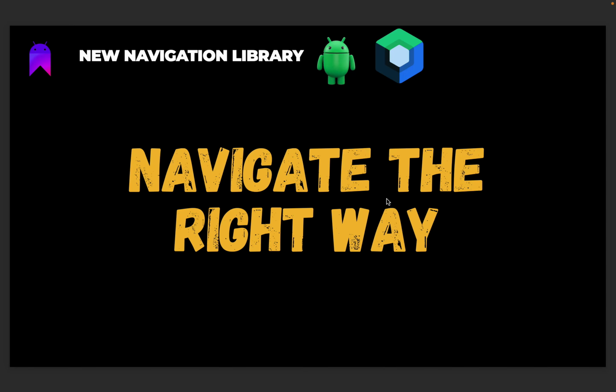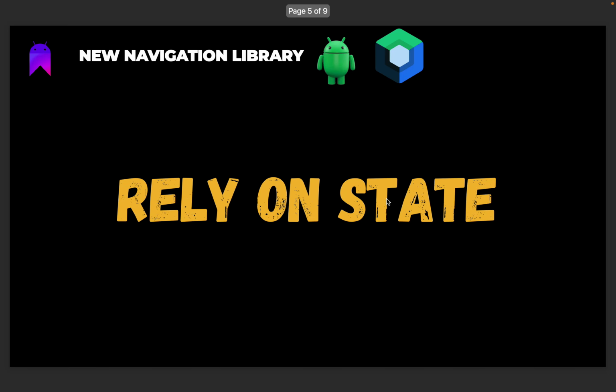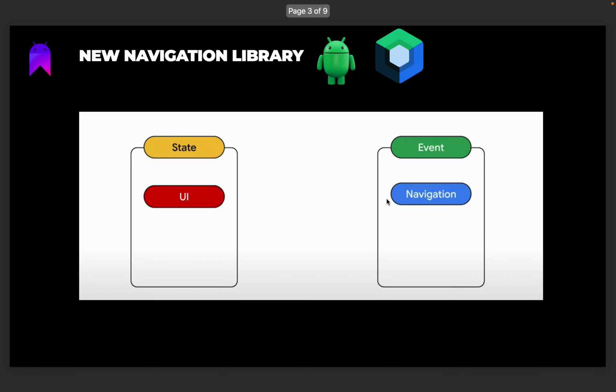To handle these edge cases, we needed to think that how we can navigate properly, how to handle the navigation the right way. Okay. So the right way is to rely on state. Instead of relying on events, we need to make sure that our navigation is also relying on the state. Okay, in previous scenario our navigation was always listening for events and based on those events we were handling the navigation.